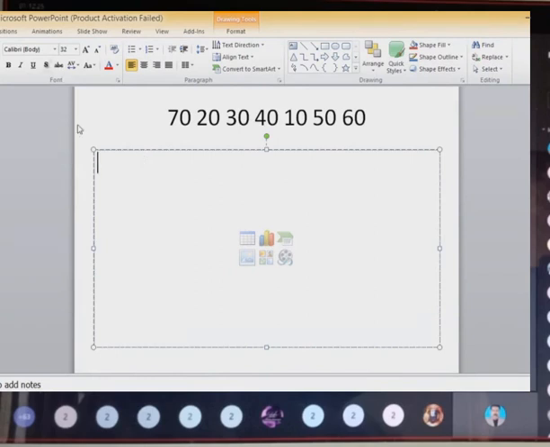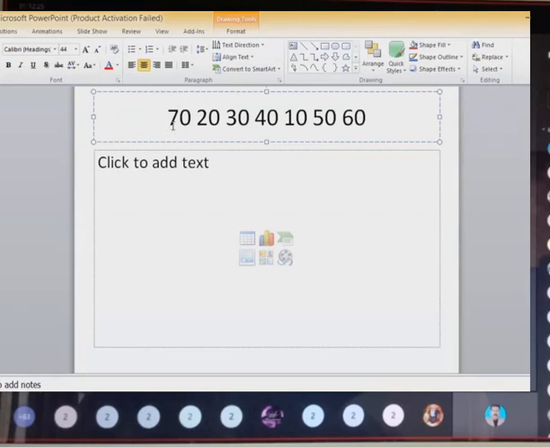Now, initially tell me the division. How to divide these elements? Consider the first element is 0 and the last element is n. So which is the n by 2 element? What is the n by 2 element? Which is n by 2?